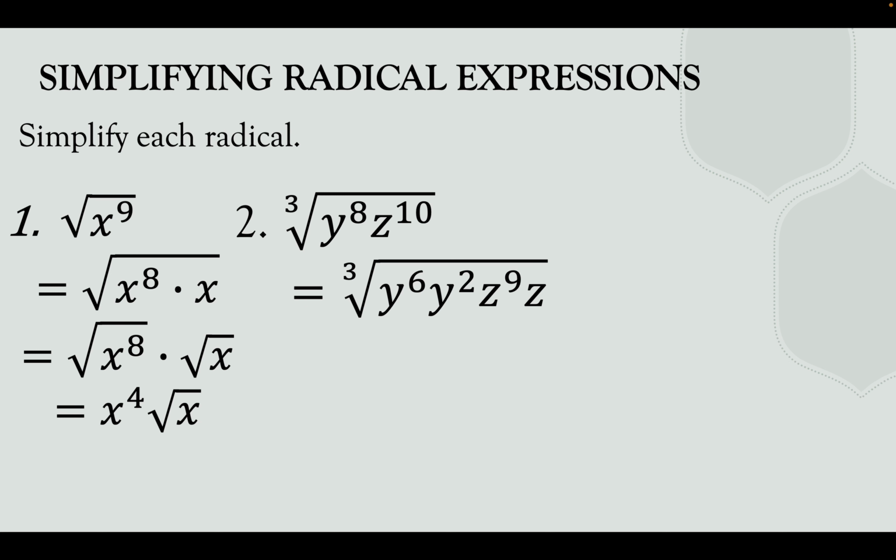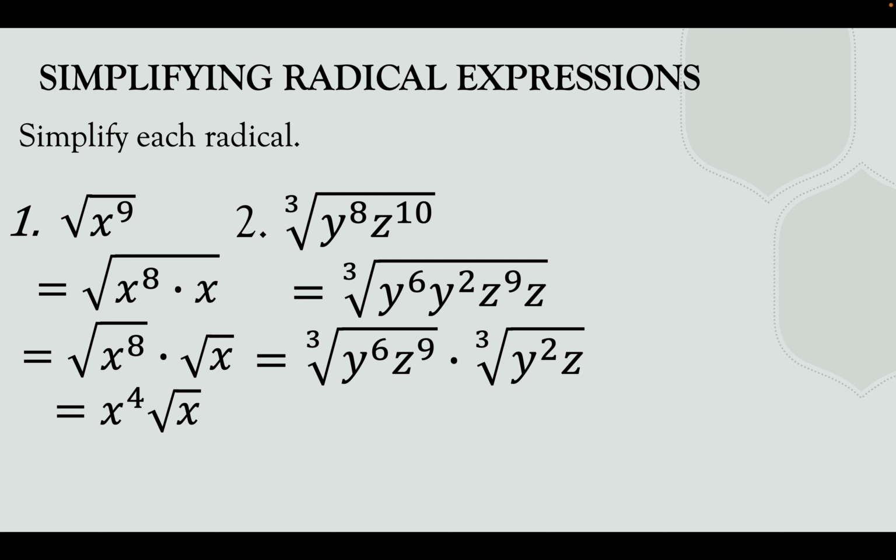We factored y raised to 8, so y raised to 6 times y raised to 2 is equal to y raised to 8, since y raised to 6 is a perfect cube and y raised to 2 is a non-perfect cube. And then we need to factor z raised to 10. We have z raised to 9 times z, because z raised to 9 times z is z raised to 10.